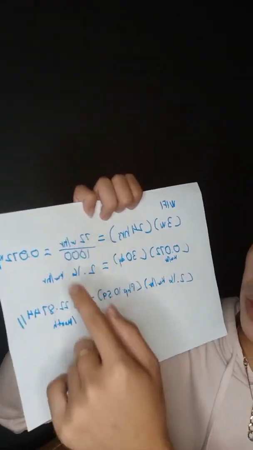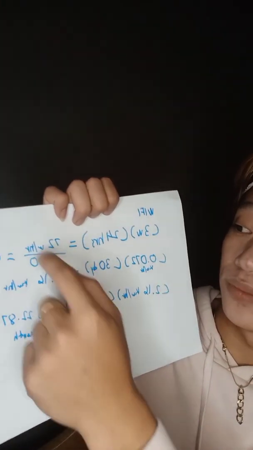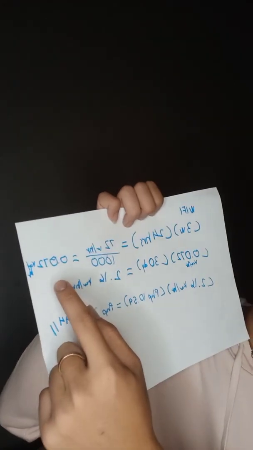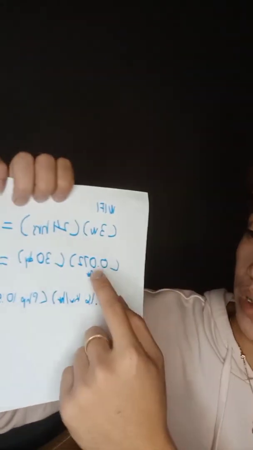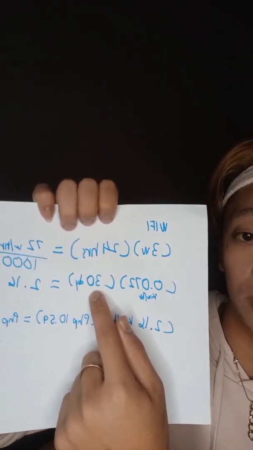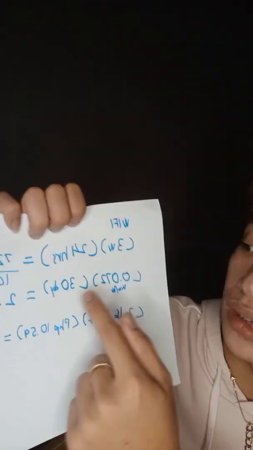So, ang gagawin nyo, yung sagot dito, 72 divide by 1,000 is equal to 0.072 kilowatts per hour. Gagawin nyo dyan guys, yung sagot na yun, times nyo sa buwan. Kung ilang araw meron sa isang buwan. Kalimitan, di ba? 30 days.